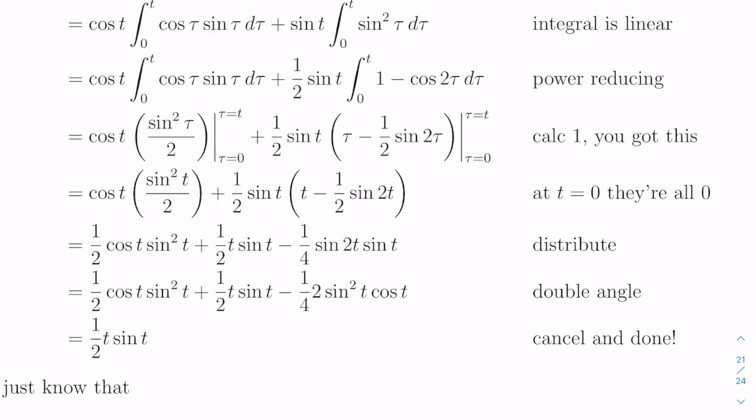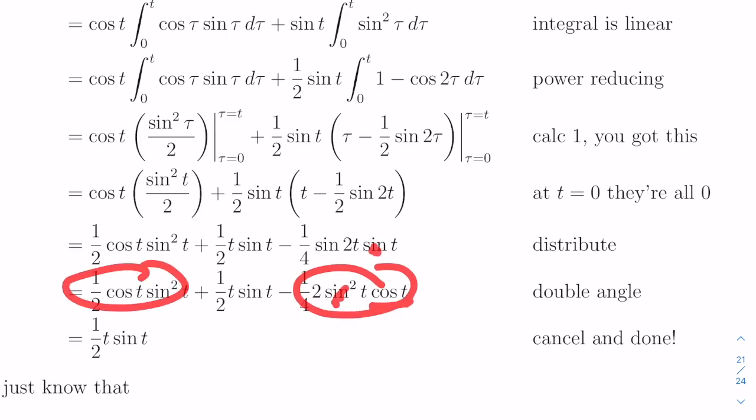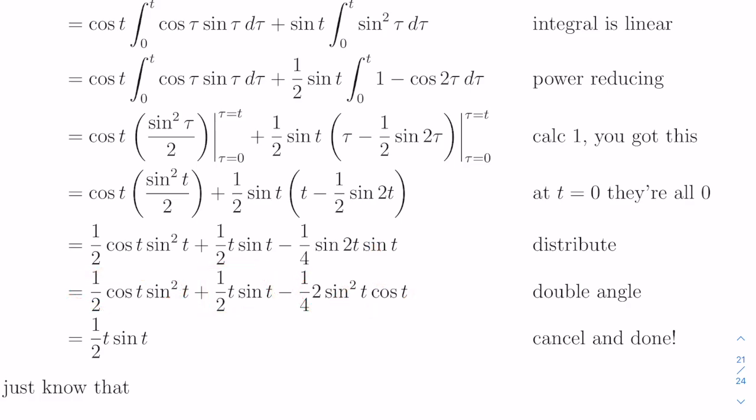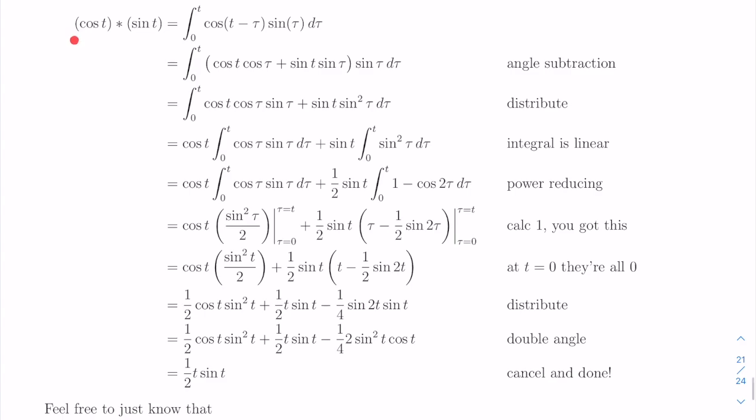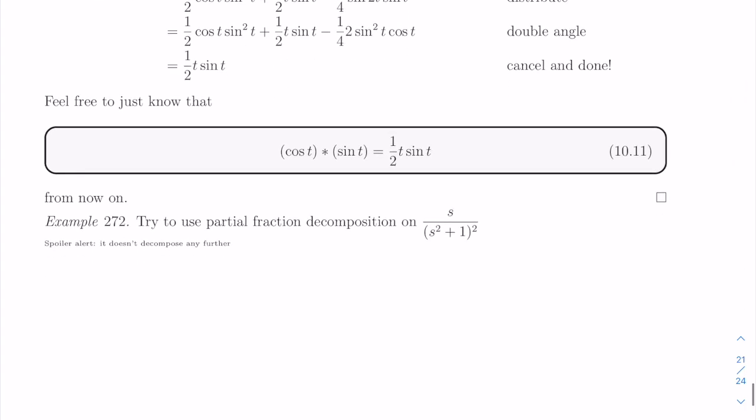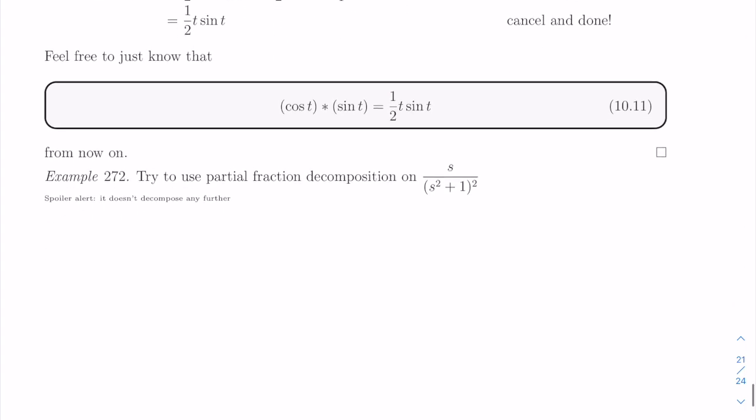I can do some double angle formula business, and so this turns into 2 sine cos. When you do that, the two sines go together and you get a cos, and then this thing cancels this thing, and all you're left with is this middle term here. So feel free to go through that again, but here is the deal. The convolution of cos t and sine t is 1/2 t sine t. Feel free to just know that one if you like.